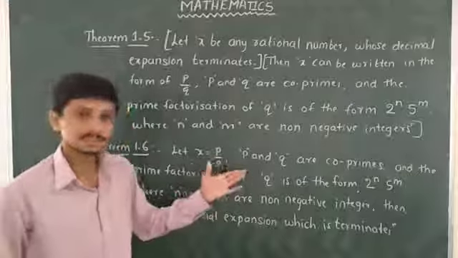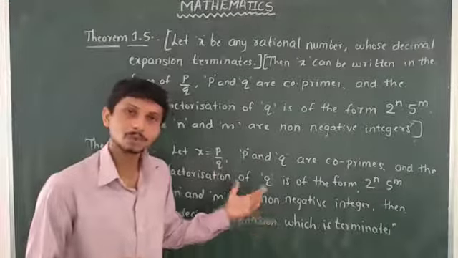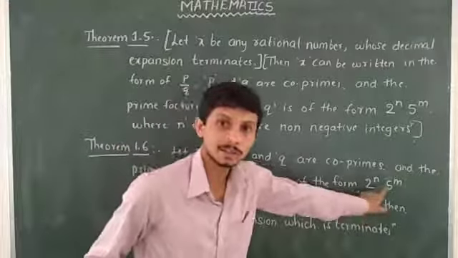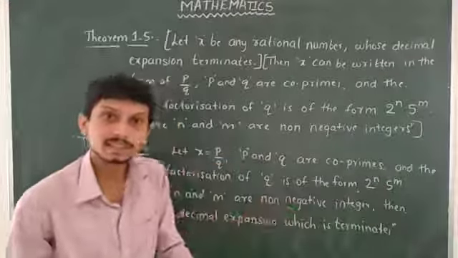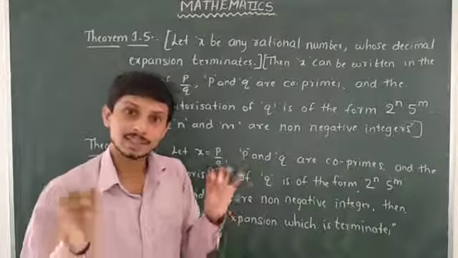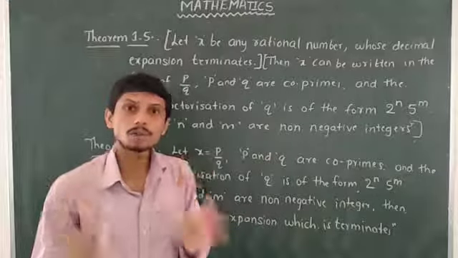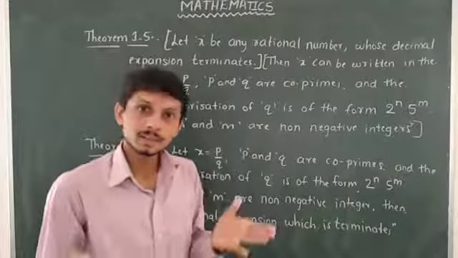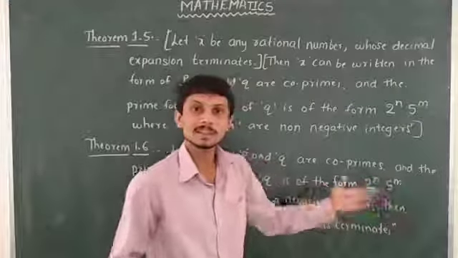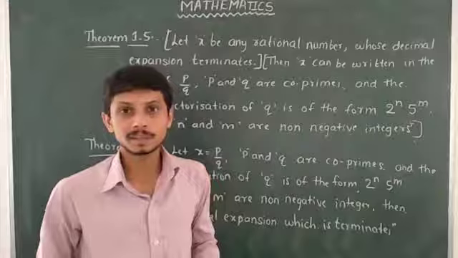So the statement tells us that when we are able to write the denominator in the form of 2 raised to n into 5 raised to m, x is always a terminating decimal. If this cannot be in the form of 2 raised to n into 5 raised to m, then x is a non-terminating decimal.